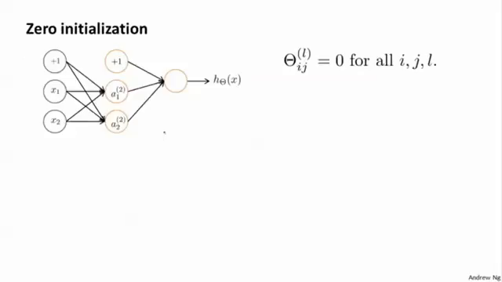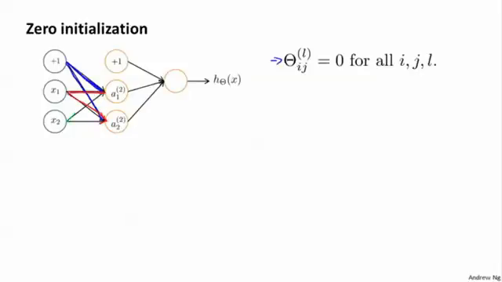Consider training the following neural network, and let's say we initialize all the parameters in the network to 0. Then at initialization, this blue weight is going to equal that blue weight, so they're both 0. The weight I'm coloring in red is equal to that weight, also in red.